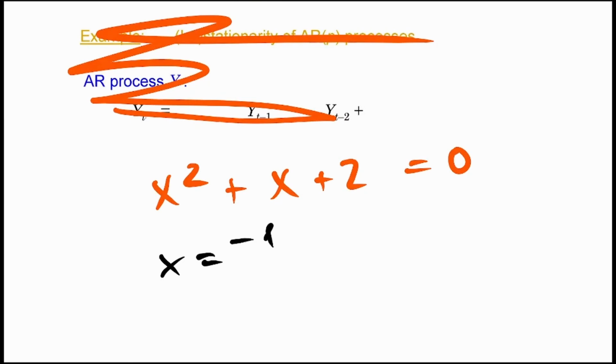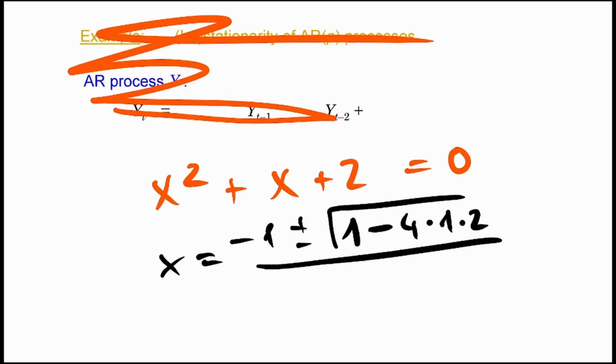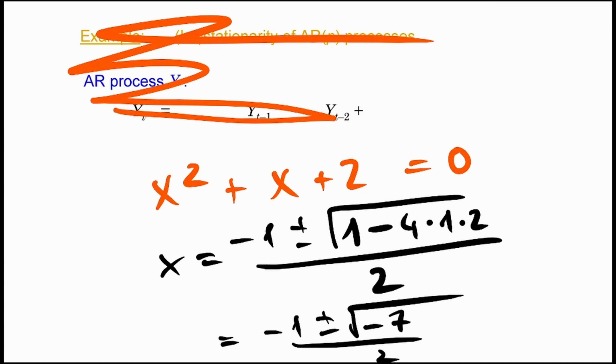Minus b is minus 1, plus or minus the square root of b squared, which is 1, minus 4 times a times c, divided by 2. So this is minus 1 plus or minus the square root of 1 minus 8, if I'm not mistaken, which is negative 7, over 2. So this is a complex number, obviously, because the discriminant is negative.